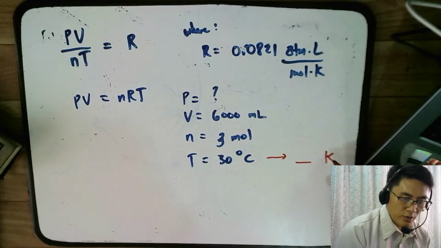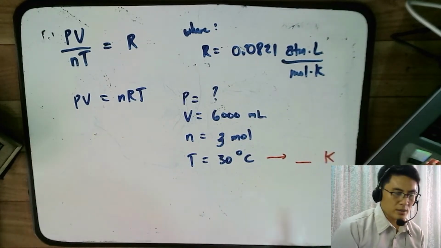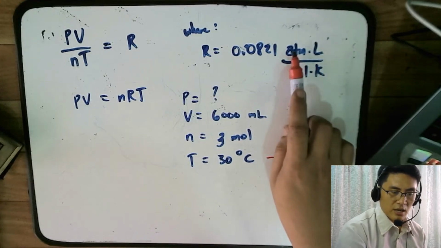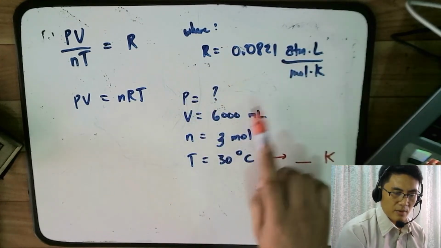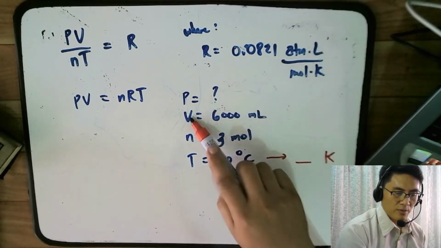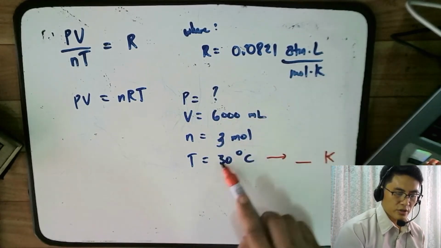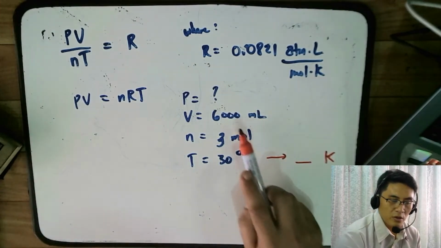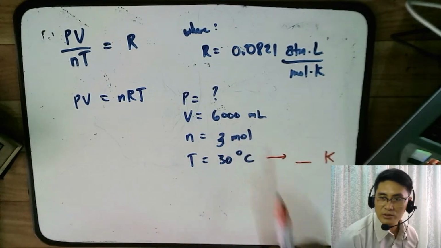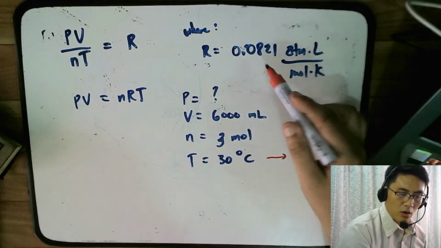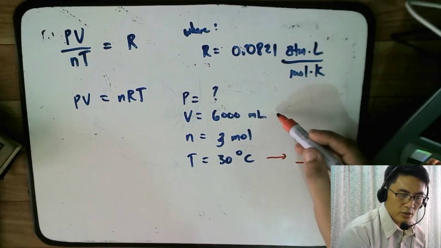Second, are you consistent with your units? Remember, your R dictates the units. The pressure is in atm, the volume should be in liters, the number of moles should be in moles, and the temperature should be in Kelvin. Here you see a second problem: you're not consistent with your units, because here it's in ml, but in R it's in liters.